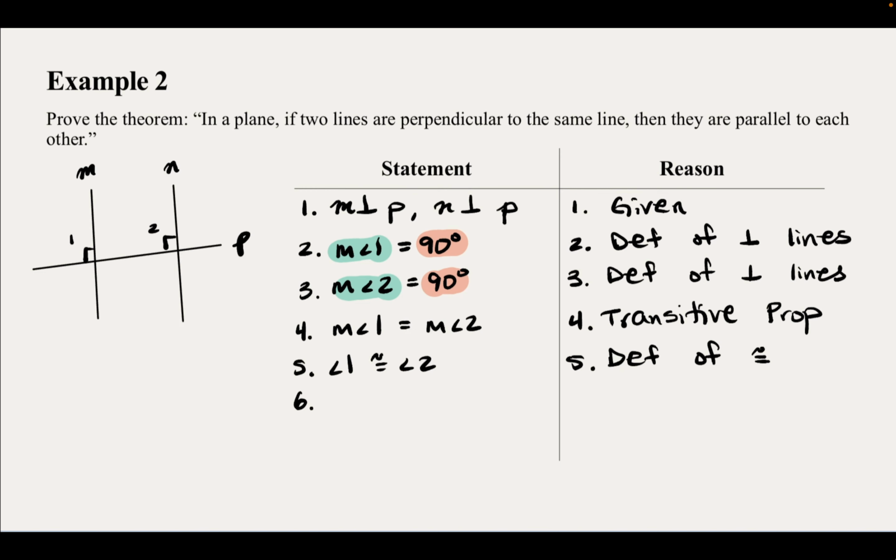If the angles are congruent and they're also corresponding angles, that means that the lines, oops, I wrote perpendicular, I meant parallel, are parallel. And this is by the converse of the corresponding angles postulate.